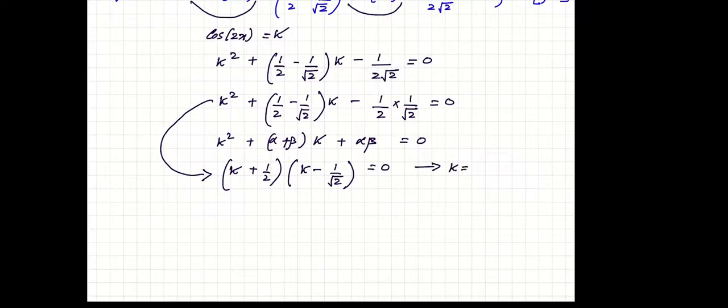So k is equal to minus half and 1 divided by square root 2. Okay, so now what is k here?